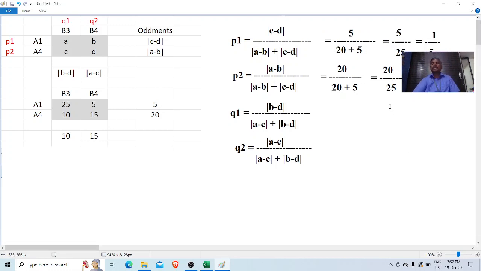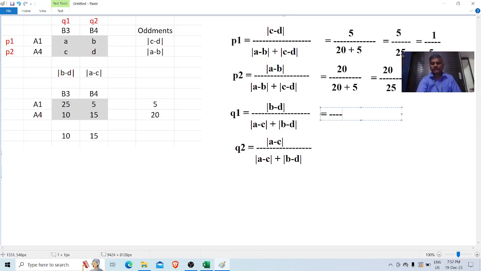The probability of using the fourth strategy by firm A is 4 by 5.